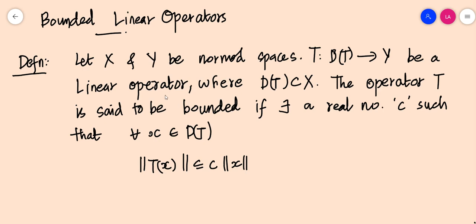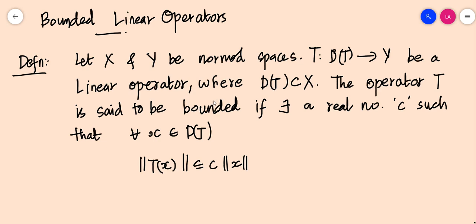It is somewhat different from what we call a bounded function. A function is said to be bounded if its range is a bounded set. But in the case of linear operators defined on normed spaces, boundedness actually means that it maps bounded sets onto bounded sets.